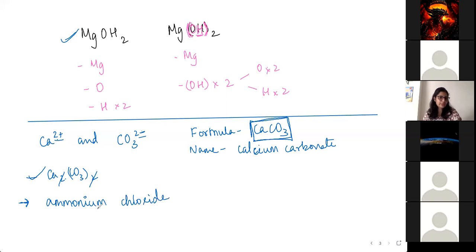So ammonium chloride is the name of the ions itself. So just give me the formula for this. Ashka, right?